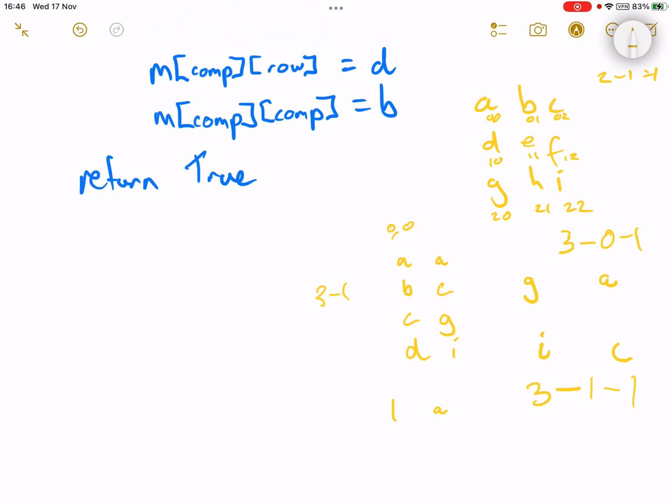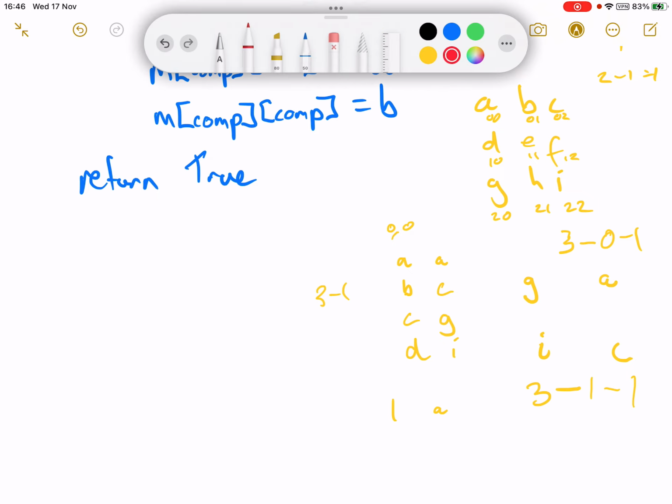Because the goal is to go like, if you think of it like 1, 2, 3, 4, you're going like that.